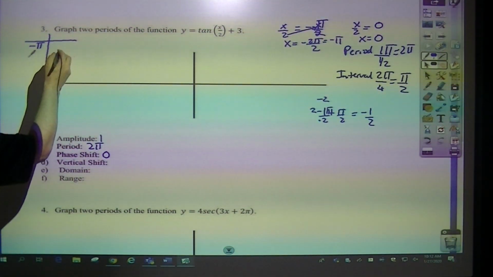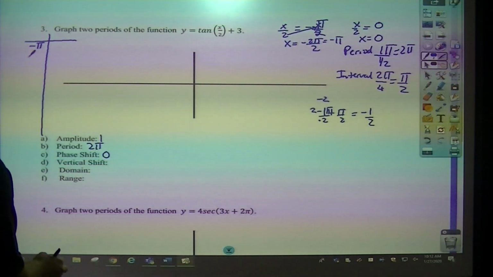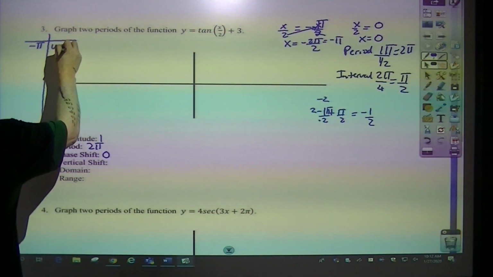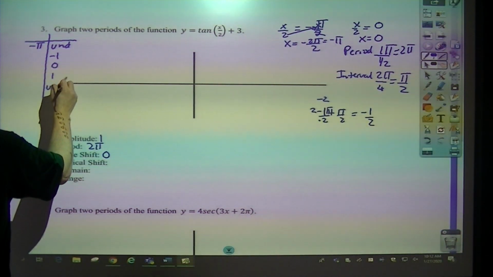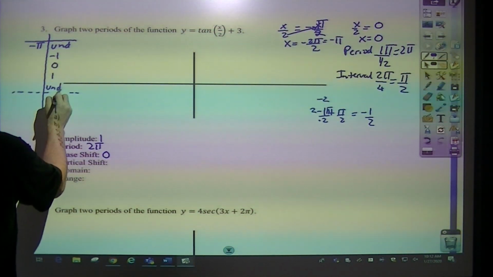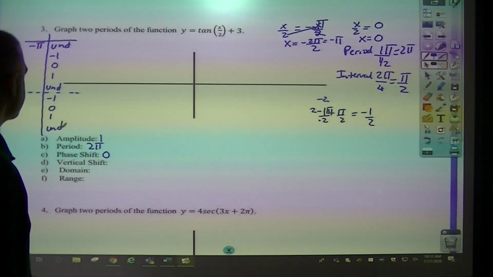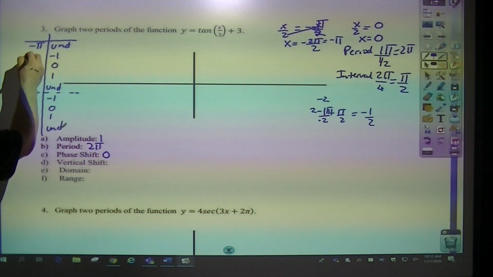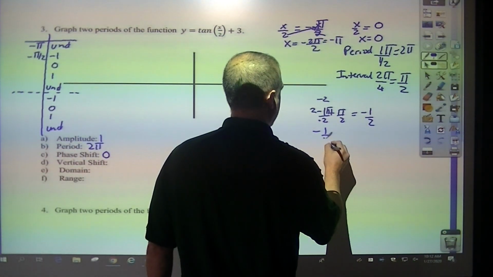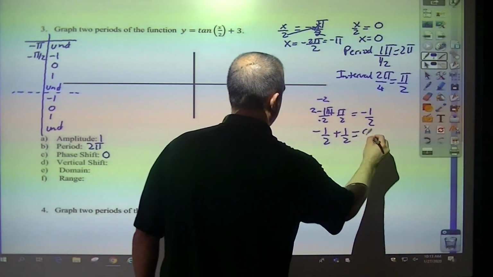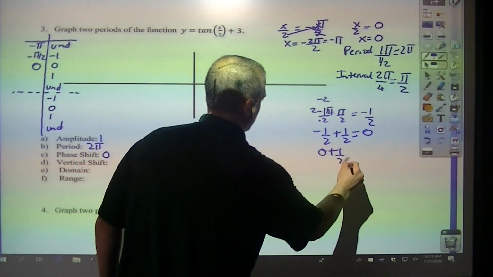Let's put our values in also for tangent. My values for tangent would be undefined, negative 1, 0, 1, undefined. Continue: negative 1, 0, 1, undefined. So this would be negative pi over 2. Negative 1/2 plus a half would be 0. 0 plus a half would be a half.